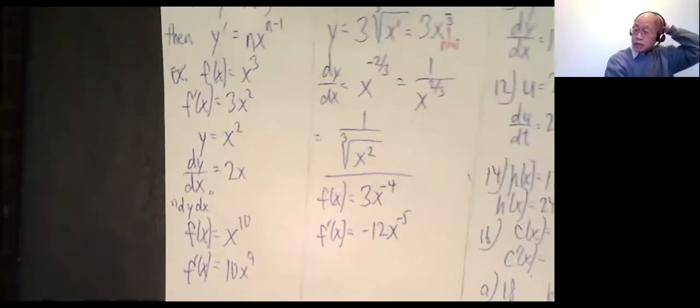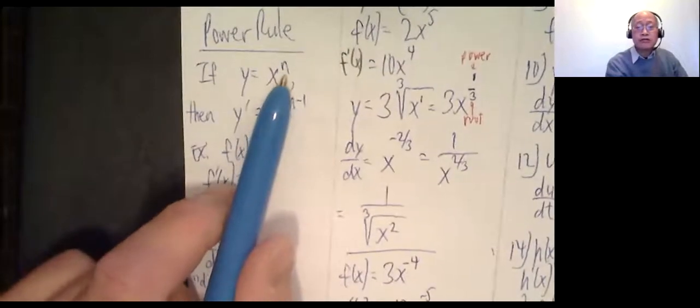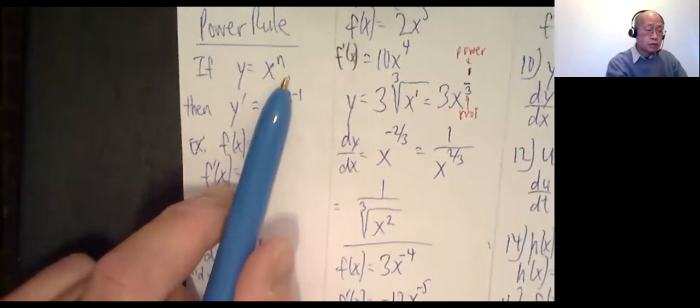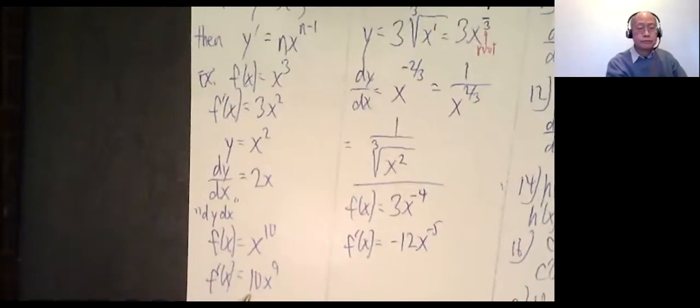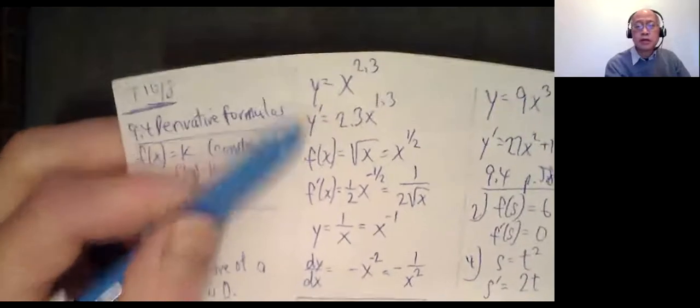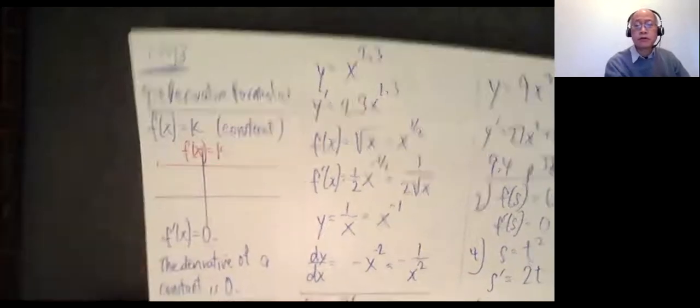Okay. This rule even works for all real numbers. That means it also works for fractions, decimals, negatives, and so on. And I'll show you some of those also. Okay. Y equals x to the 2.3. What's the derivative?